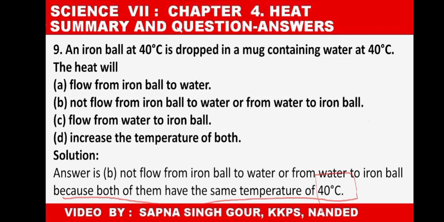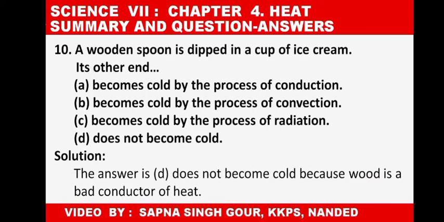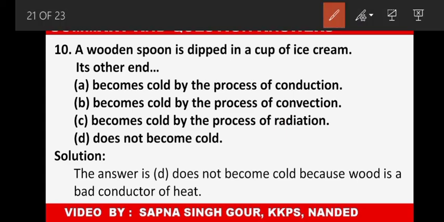Then question number 10. A wooden spoon is dipped in a cup of ice cream. Its other end, again 4 options: becomes cold by the process of conduction, becomes cold by the process of convection, becomes cold by the process of radiation, does not become cold.